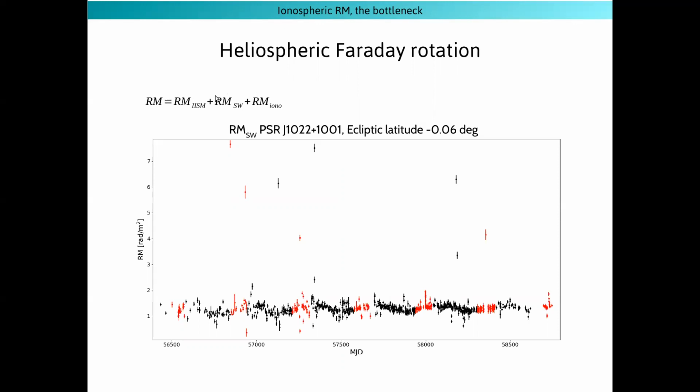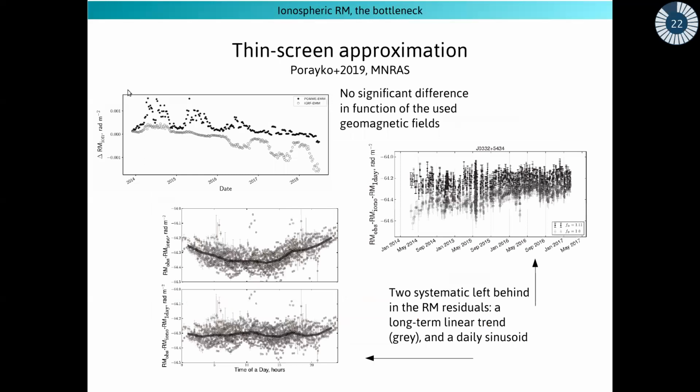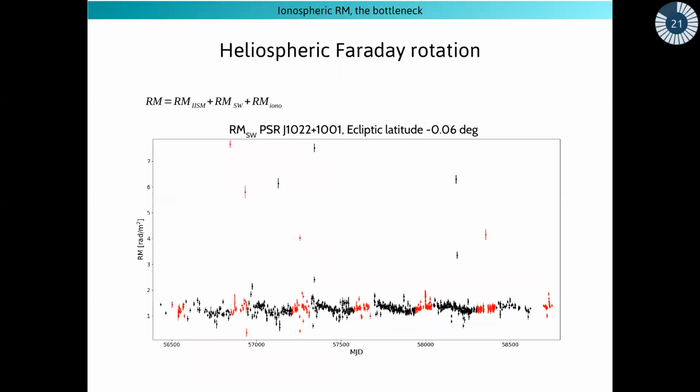Of course, to obtain the rotation measure of the solar wind, we need to subtract the interstellar medium one and especially the ionospheric one. The interstellar medium doesn't pose a problem because it is very constant, but the ionospheric contribution is extremely variable in time and space. And this is the main bottleneck to RM studies of the solar wind to date.